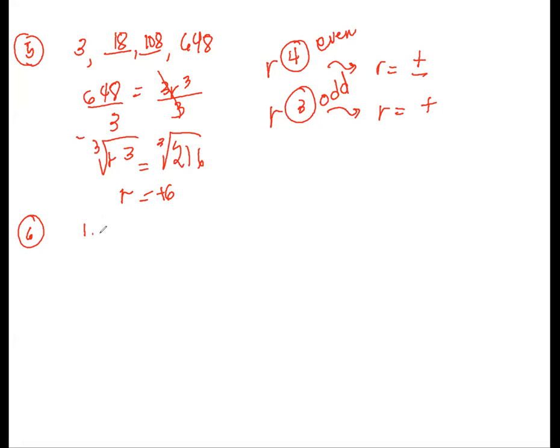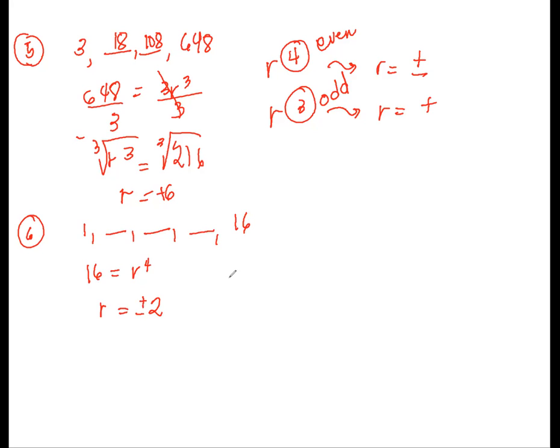So let's have here 1, blank, blank, blank, 16. For us to get the R, you have 16, the last term, equal to 1 times R raised to 4. So our R here is positive 2 or negative 2.